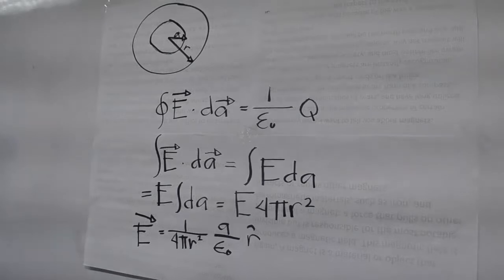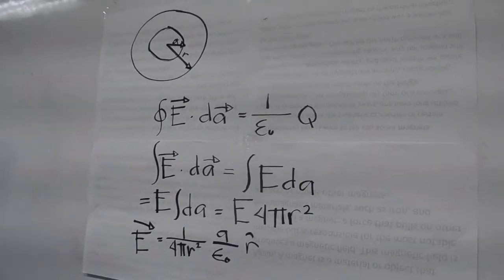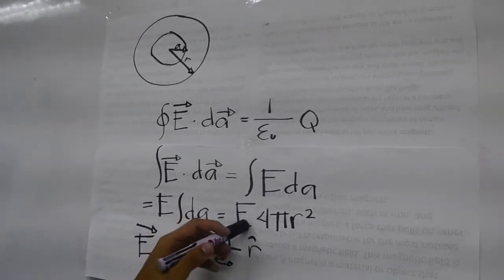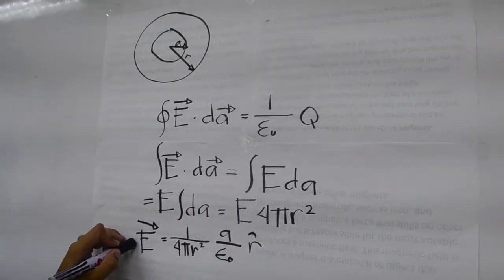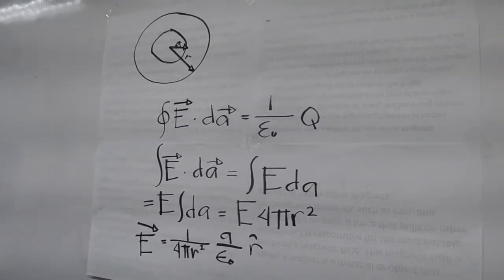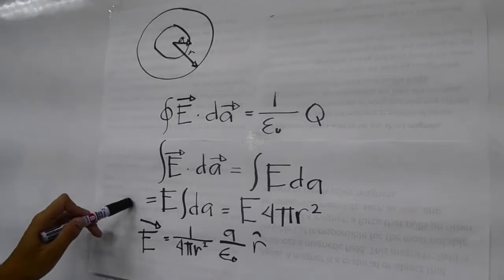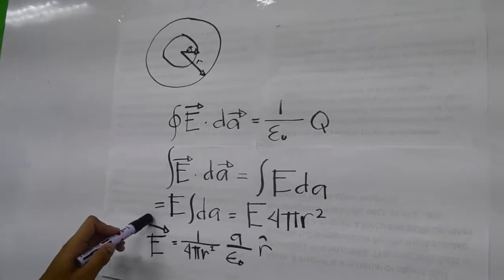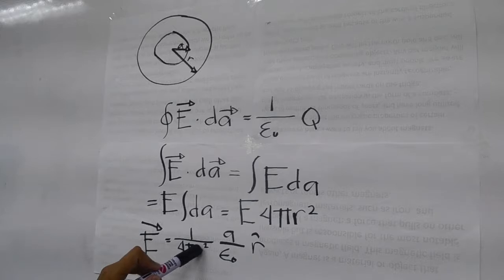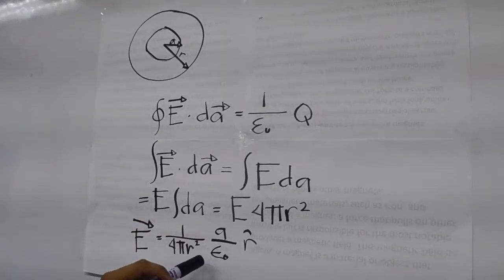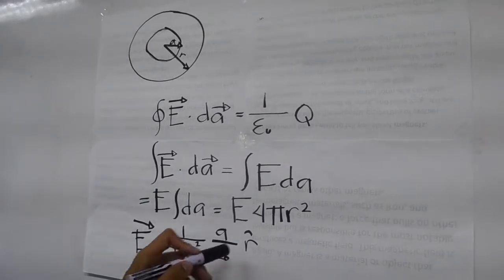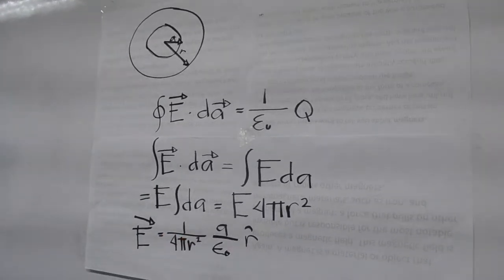Since we will find the electric field outside the surface, we will put E on the left side, and after some algebra we have 1 over 4 pi r squared times Q over the permittivity. Since it is a positive charge, we put r-hat here. That's all.